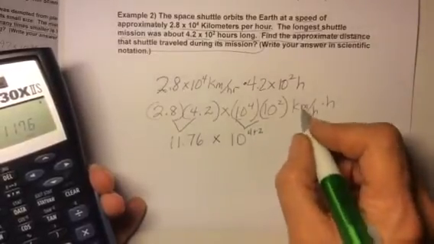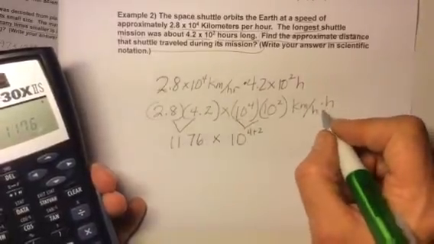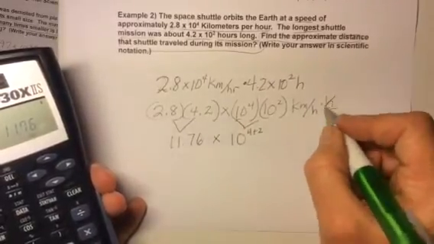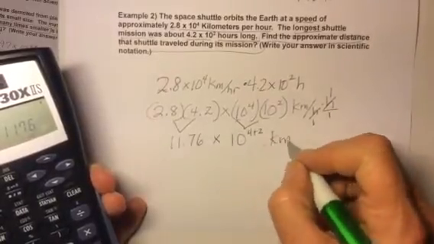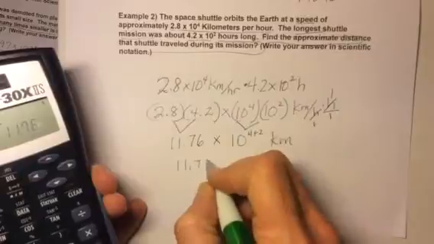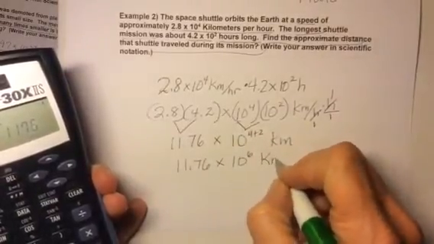And then kilometers per hour times hours over 1, the hours divide out, and I'm left with a label of kilometers. So it's going to be 11.76 times 10 to the 6th kilometers.